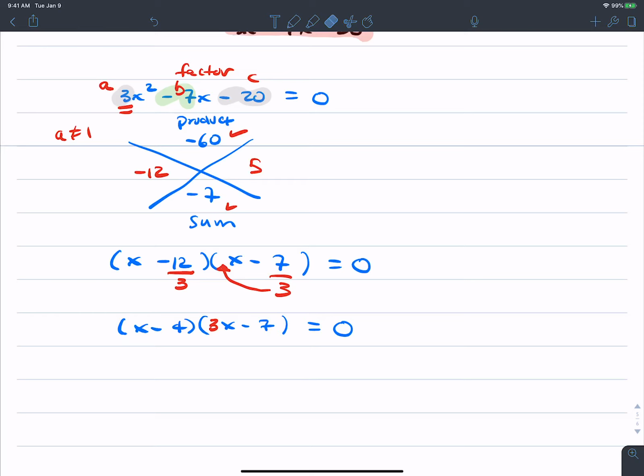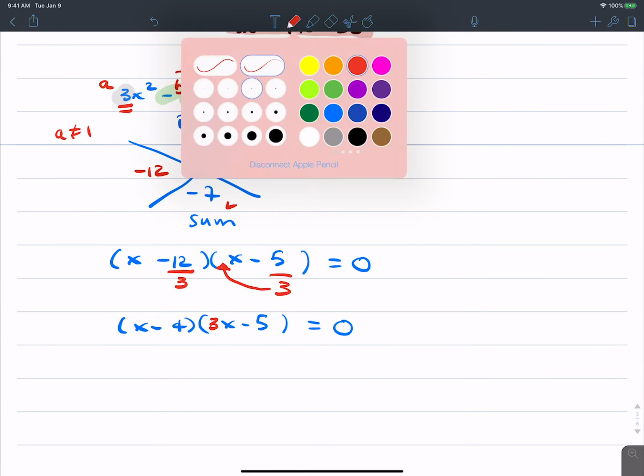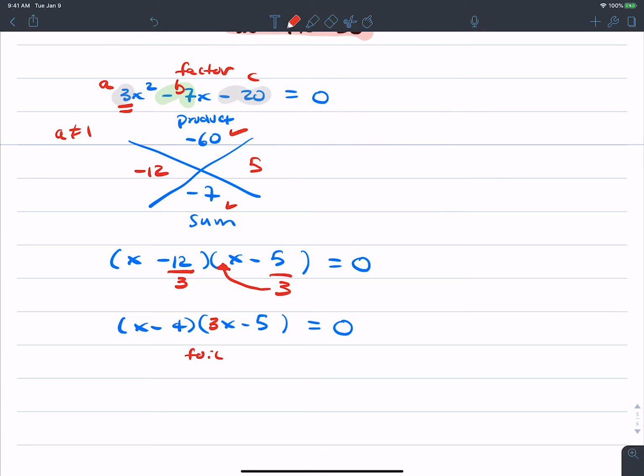We made a mistake. This number here is 5. So it's always good to go back and double check, which is what I did here, by using FOIL to make sure. If I use FOIL here, I should get this quadratic up here. And so it looks like we're good. We made another mistake here.